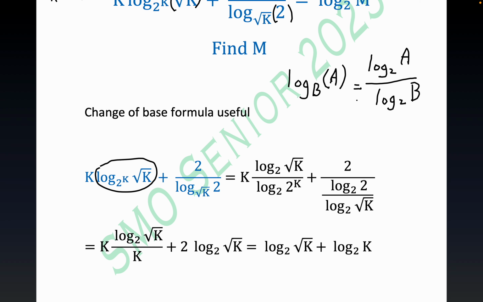And in a similar fashion, I used it on this piece right here. Let me just circle this piece. So you see, we did the change of base formula twice. And this circled object is the same as this object right here if you apply the change of base formula.